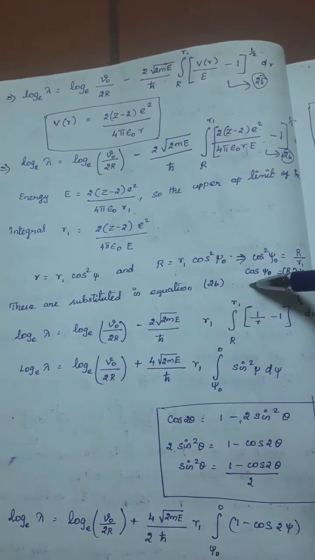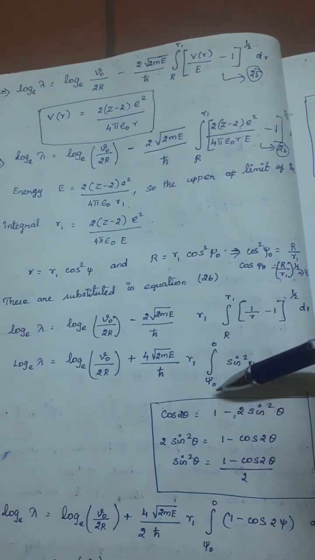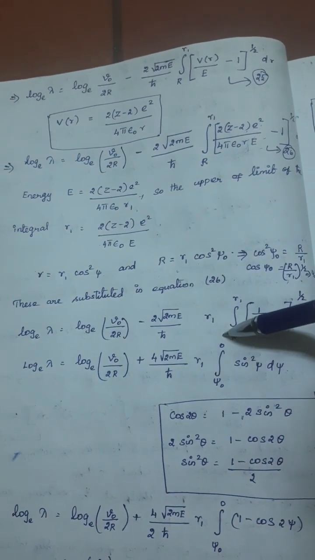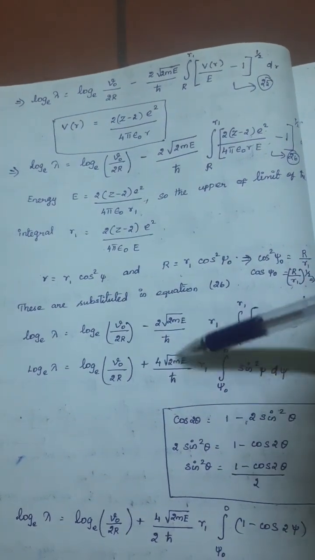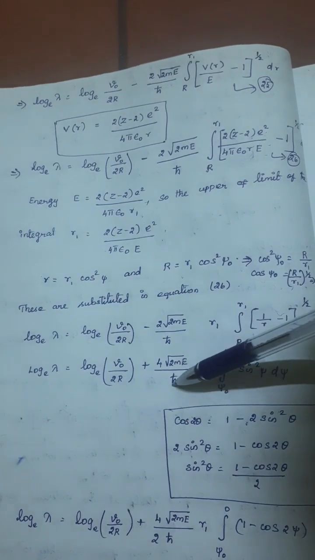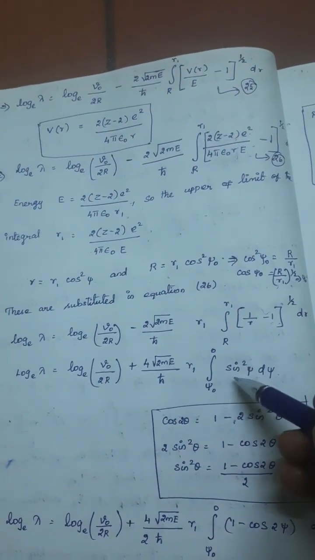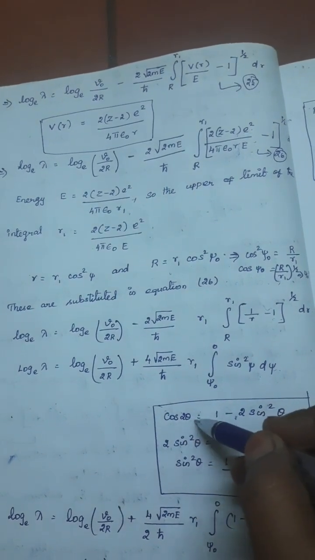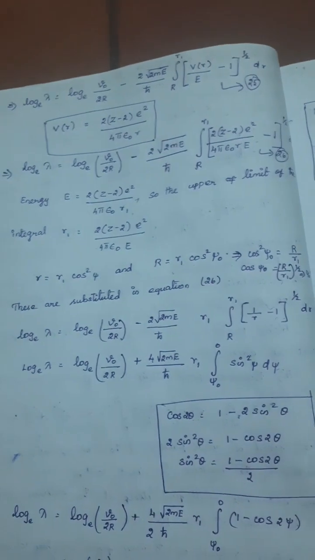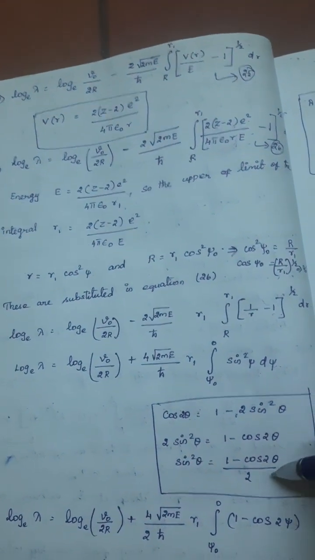Now the lower and upper limits are replaced by the term psi. So the limit will be changed to psi naught and 0, and the term is simply plus 4 into square root of 2mE divided by h cross. So here in the integration term, it is sin squared psi into d psi. We already know that cos 2 theta is 1 minus 2 sin squared theta. So sin squared theta is 1 minus cos 2 theta divided by 2.